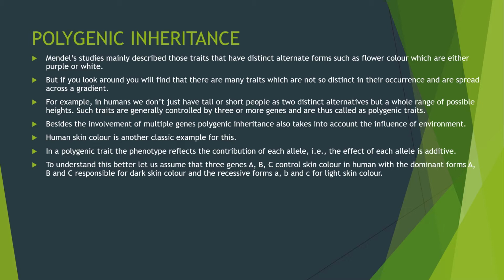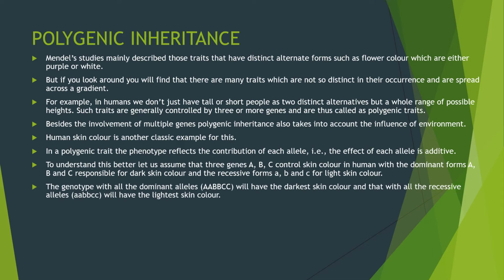with the dominant forms capital A, capital B, and capital C responsible for dark skin color and the recessive forms small a, small b, and small c for light skin color. The genotype with all the dominant alleles capital A, capital A, capital B, capital B, capital C, capital C will have the darkest skin color, and with all the recessive alleles small a, small a, small b, small b, small c, small c will have the lightest skin color.